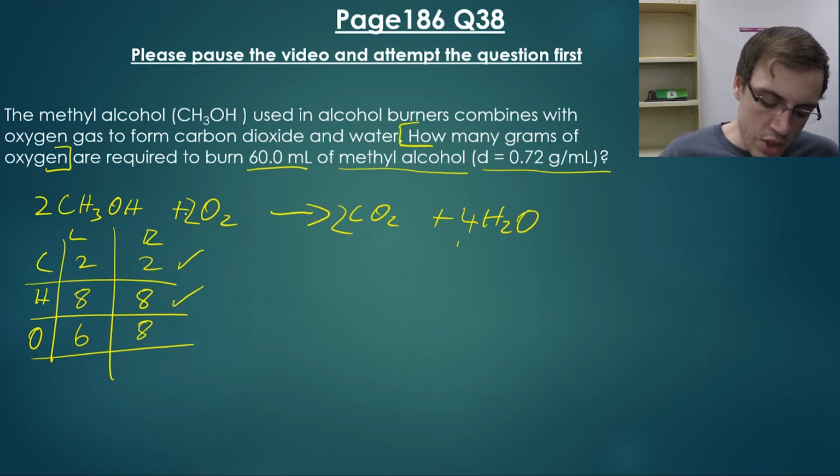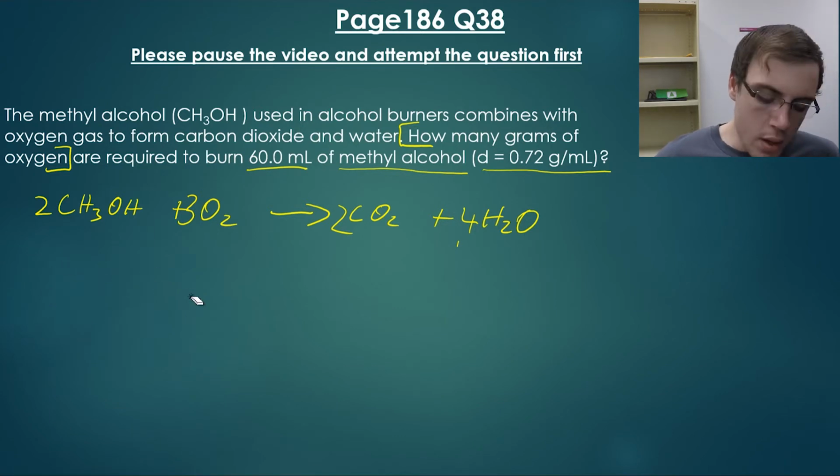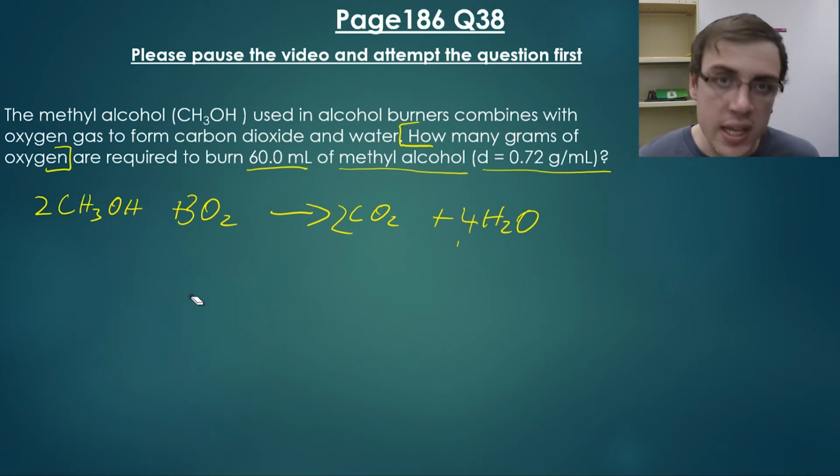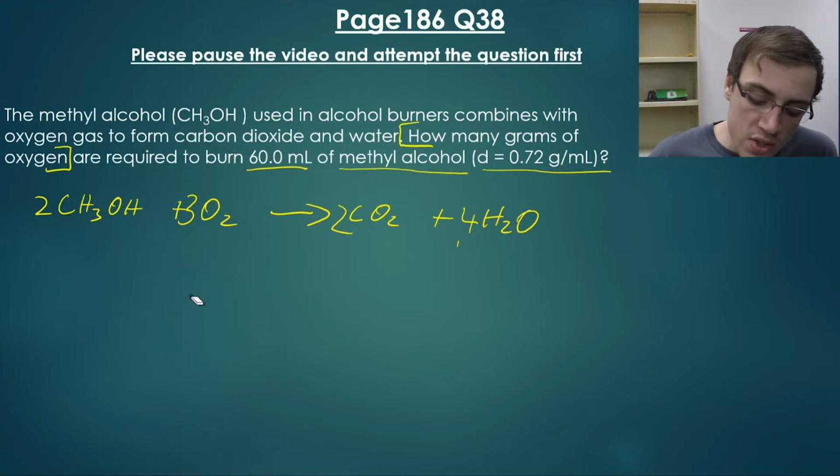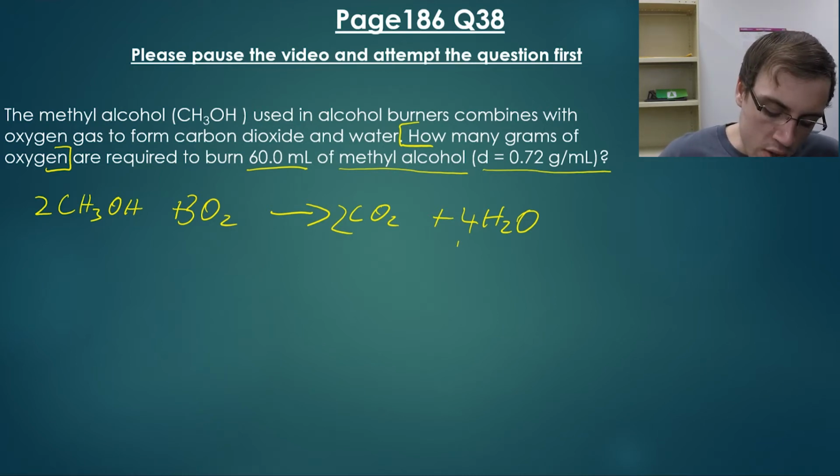So all I need to do is change this to a 3. And that will then change our total number of oxygens on the left-hand side to 8, meaning that we have a nice balanced equation. Now that we've balanced it, we can now proceed with our calculations.